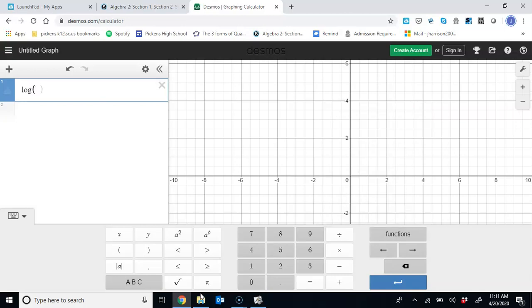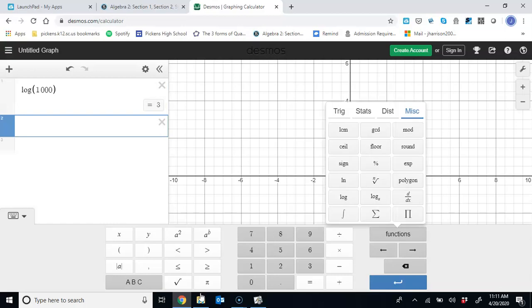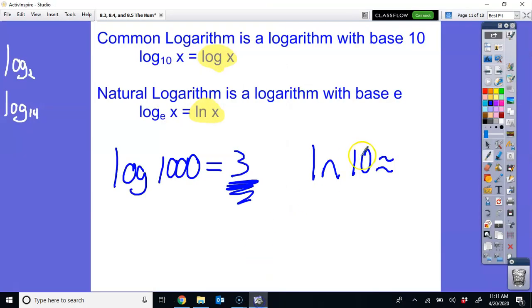So if you hit log, and you put 1,000 in, like we did a minute ago, log base 10, it's 3, 10 to the third power is 1,000. If you do the natural log, ln, of 10, we get 2.3025. Typically, 2.303 is what I would round this to.